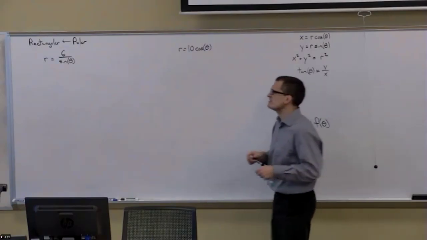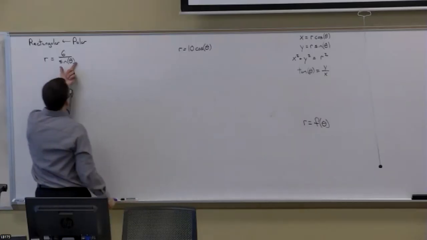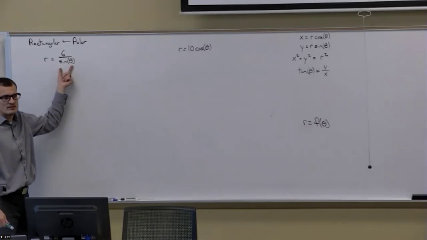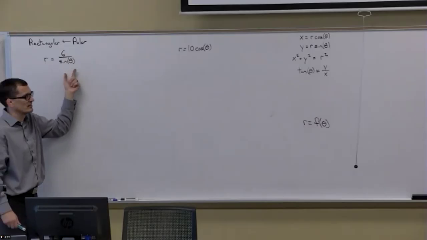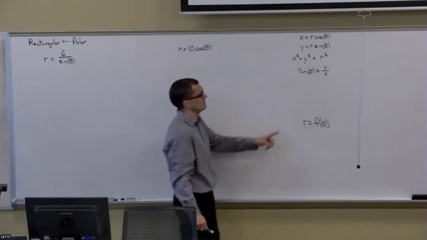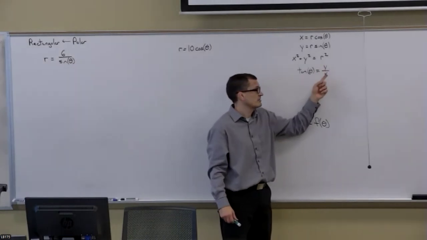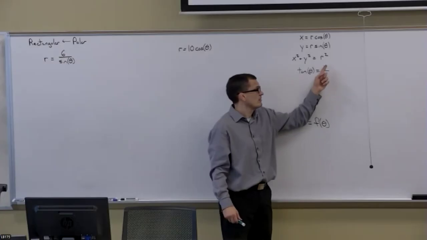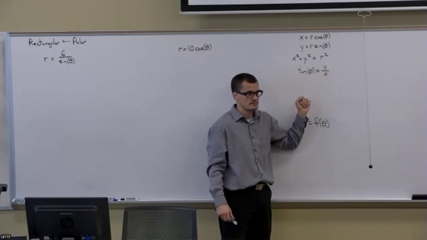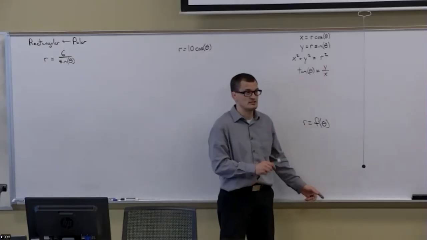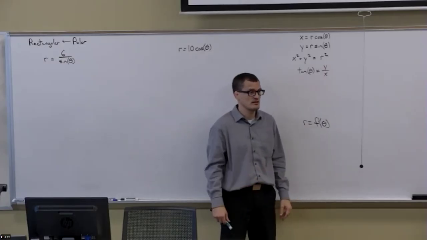But if you look at this polar equation and you ask, what can I replace sine of theta with? It's not so easy. Technically, I can try to replace theta with the inverse tangent of y over x, but then I'd have to take the sine of inverse tangent of y over x. It'd be tough.